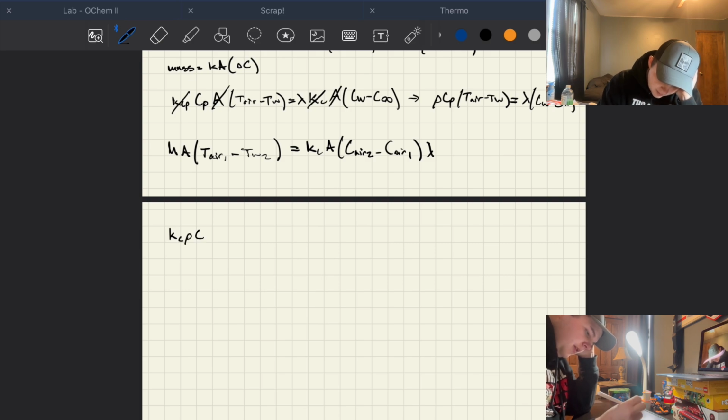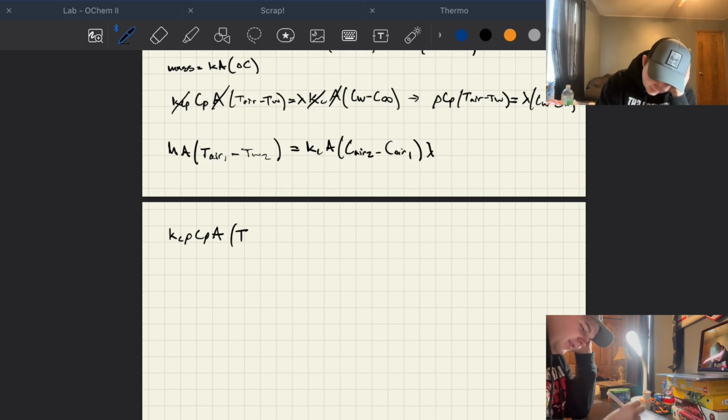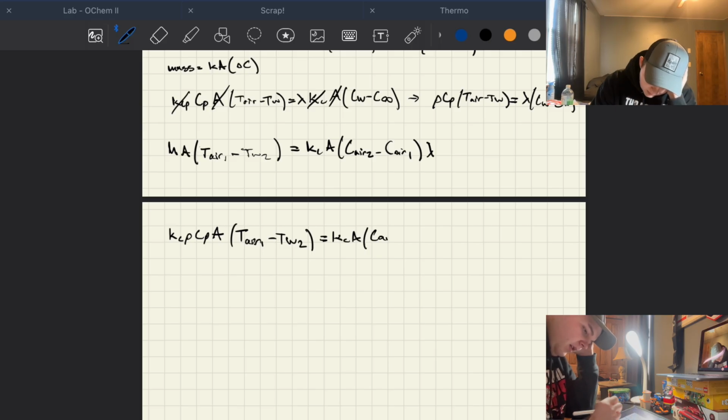So we're going to get Kc rho times Cp A, and we're going to get T air 1 minus T water 2 is equal to our Kc A times C air 2 minus C air 1 times gamma.